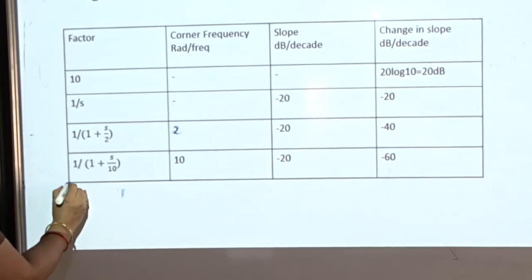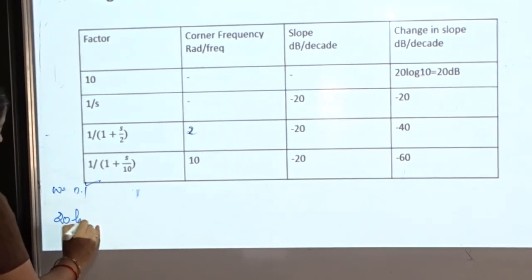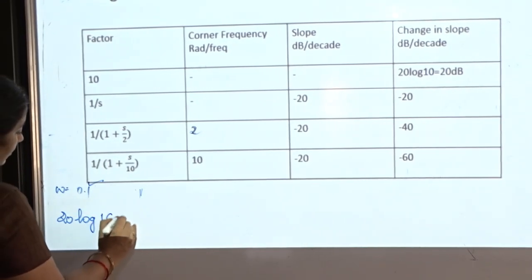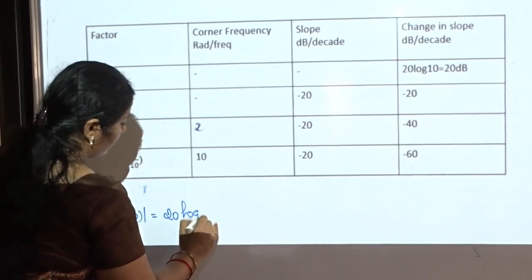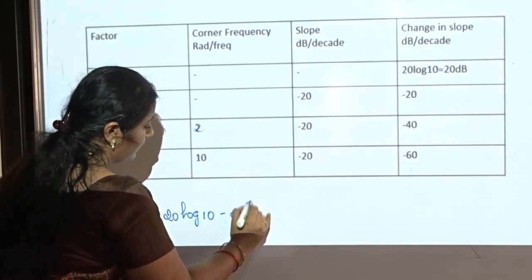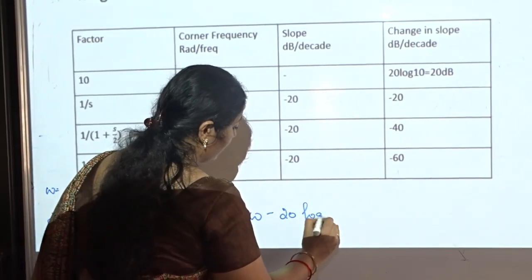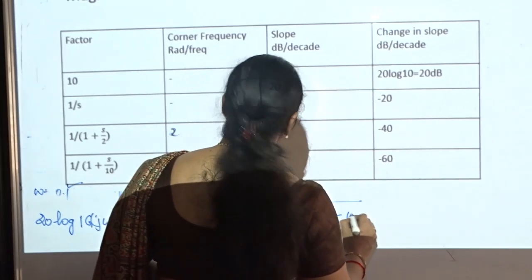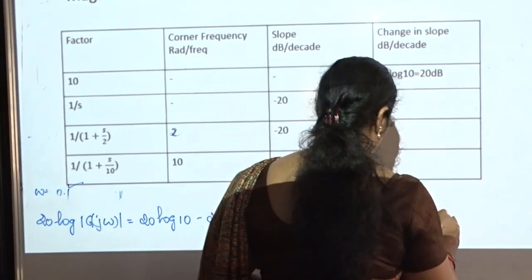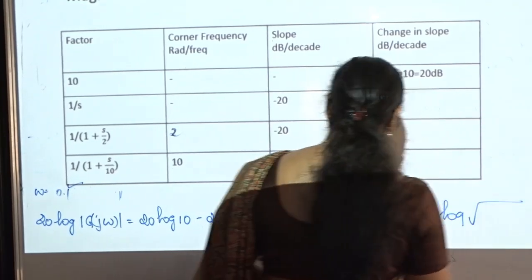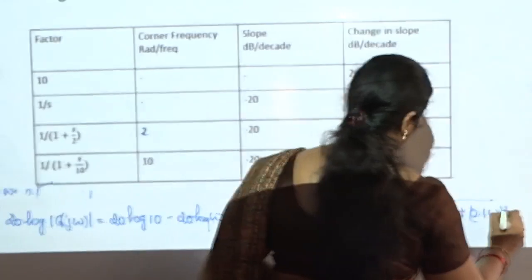At omega equal to 0.1, the gain value of this function will be 20 log 10 minus 20 log omega minus 20 log root of 1 minus 0.5 omega whole square minus 20 log root of 1 plus 0.1 omega whole square.